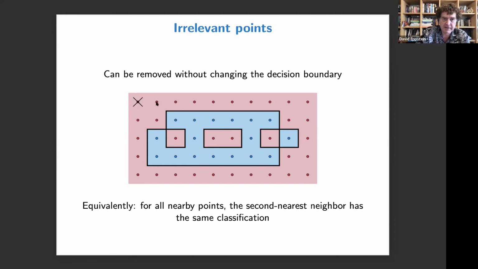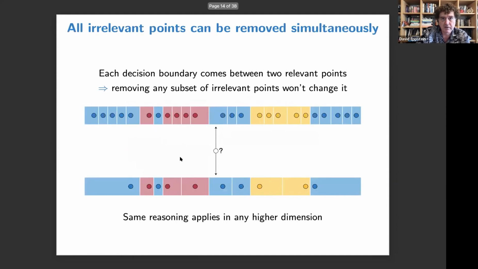And what I want to do is to find the subset of points that are not irrelevant, the relevant points. The reason for finding that whole subset, rather than just removing one point at a time, is that you can actually remove all of the irrelevant points simultaneously, and it still won't affect the decision boundary. Because every piece of decision boundary is a wall between two Voronoi cells of different classifications, and those 2 points defining that Voronoi wall are necessarily themselves relevant.